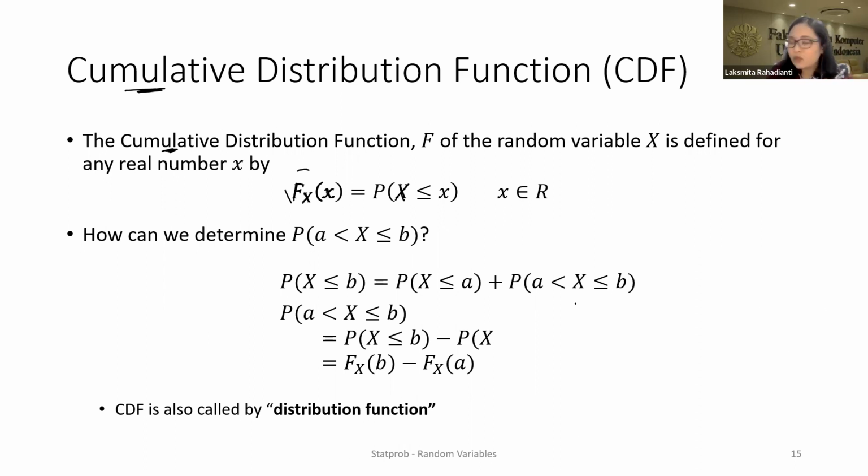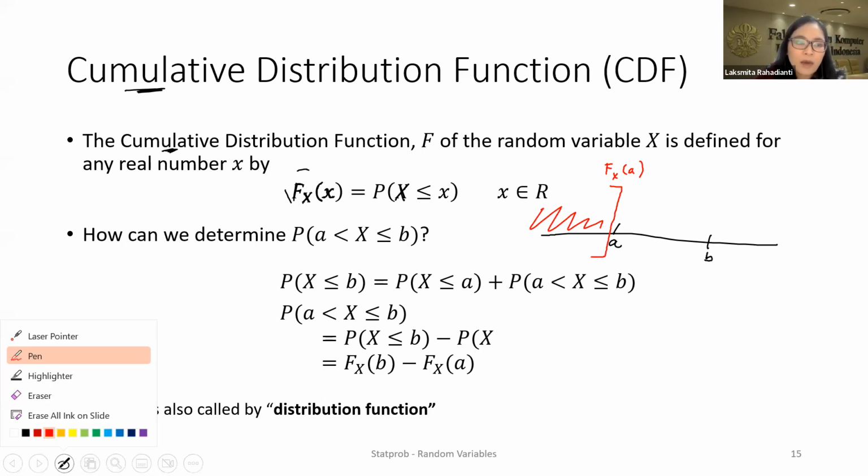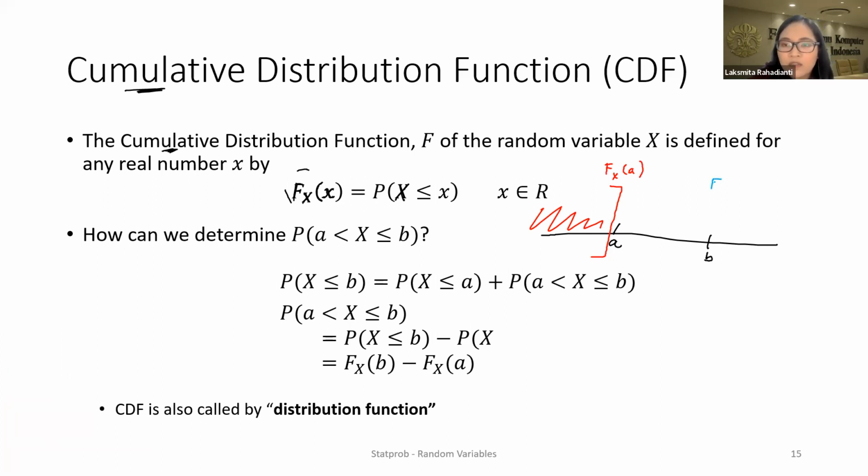If you consider a number line like this, and this is A and this is B, based on the cumulative distribution function that we just learned about, the CDF of A means the probability of everything up until A, and the CDF of B means the probability of every value up until B. That's what we just defined.